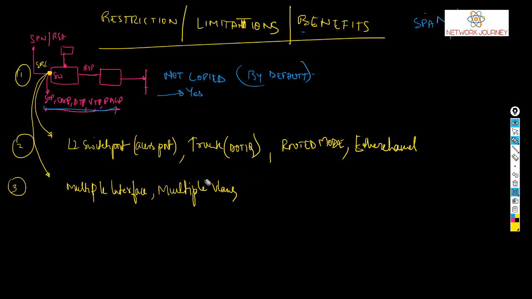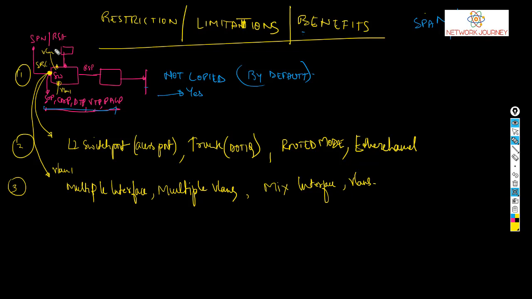But what is the limitation here? The limitation is, you cannot mix them. You cannot mix the interfaces and the VLANs. That means, let's say on this switch port, I had something like the default VLAN 1. Now that particular VLAN you might also have somewhere else. Might be this is also VLAN 1, and this is also VLAN 1, right?